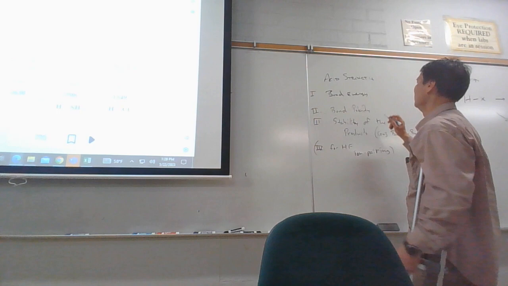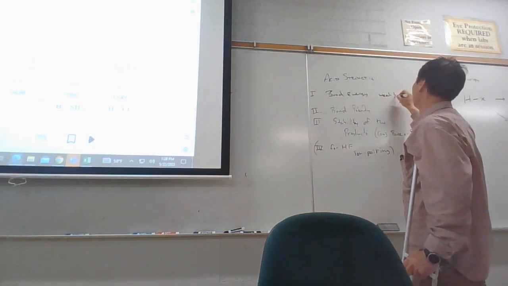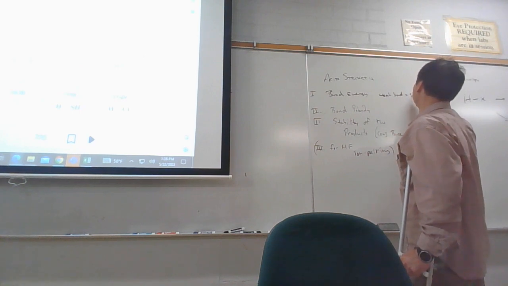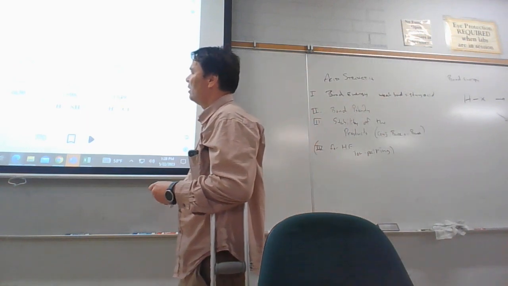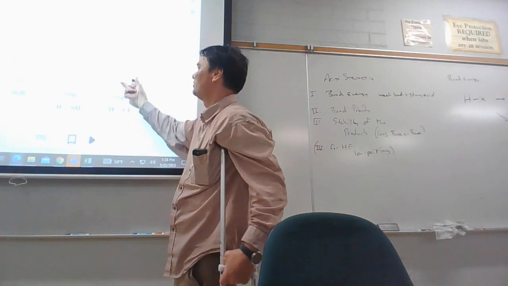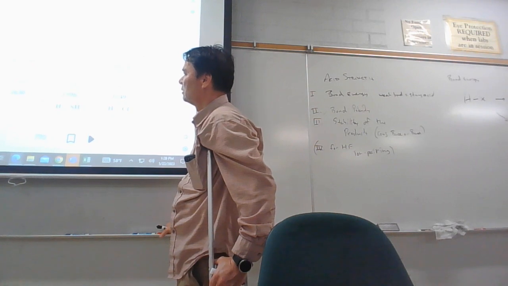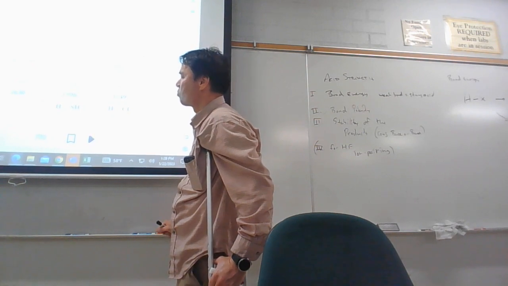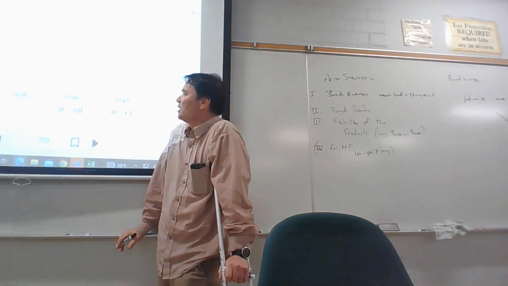The weaker the bond, the stronger the acid. So as far as bond energy goes, we want weak bond equals strong acid. Strong bond, weak acid. So the strongest bond's here, HF, so that should be the weakest acid. But the weakest bond, H-NH2, the ammonia, should be the strongest acid.